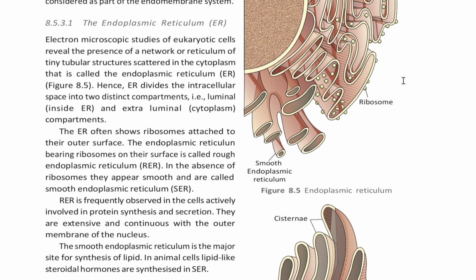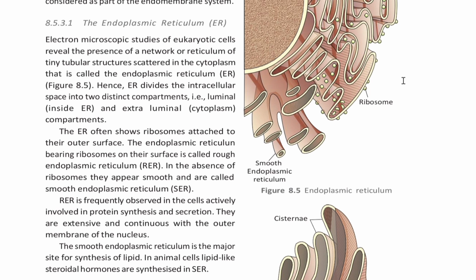8.5.3.1 Endoplasmic reticulum, ER. Electron microscopic studies of eukaryotic cells reveal the presence of network or reticulum of tiny tubular structures scattered in the cytoplasm, that is called the endoplasmic reticulum, ER. Hence, ER divides the intracellular space into two distinct compartments, that is luminal inside ER and extraluminal, that is cytoplasm compartments.